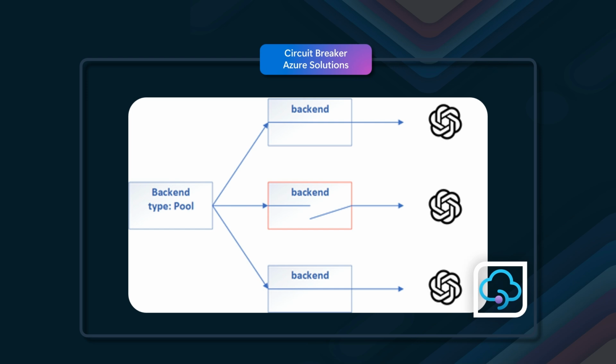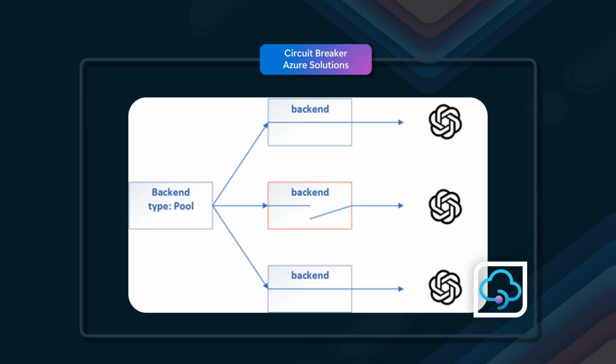While the faulty backend instance is isolated, the circuit breaker provides an opportunity for it to recover. During this time, the remaining backend instances continue to handle the incoming requests, ensuring that the system remains operational. Once the circuit breaker detects that the faulty instance has recovered and is back to normal operation, it closes the circuit, allowing requests to be routed to it once again.